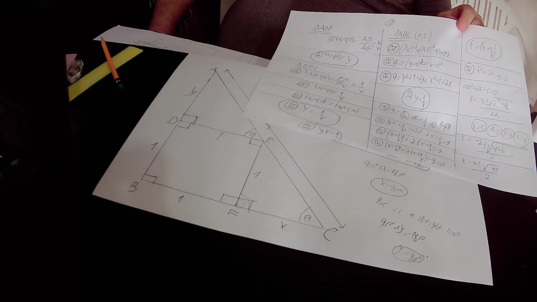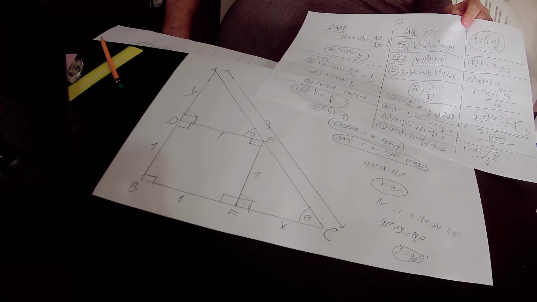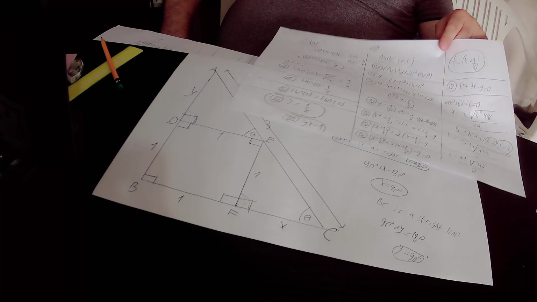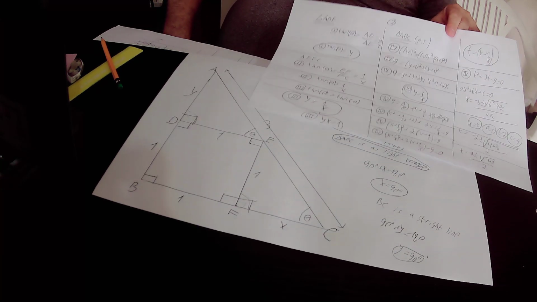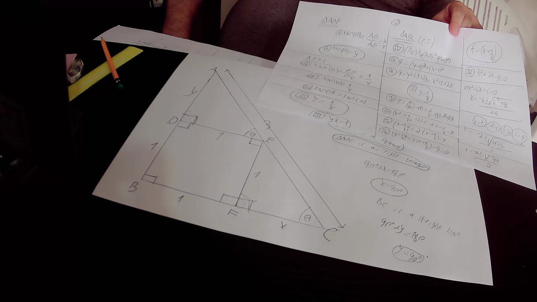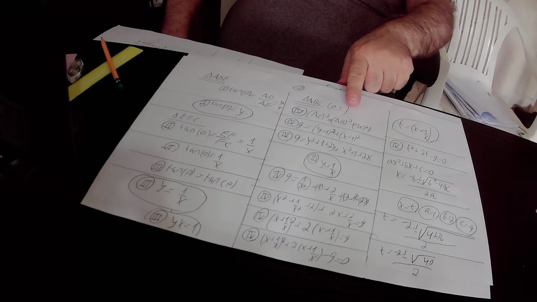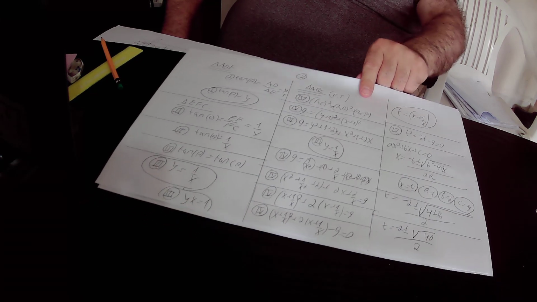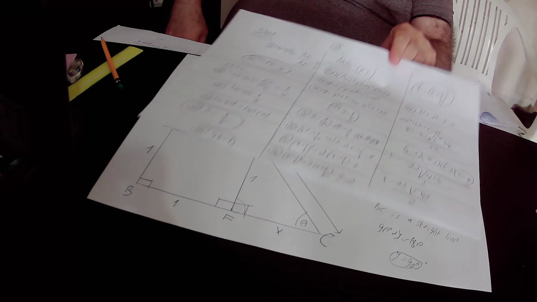In the right triangle, triangle ABC, according to the Pythagoras theorem, the square of the hypotenuse equals the sum of the squares of the perpendiculars. The hypotenuse is AC, so the square of the hypotenuse is AC square, and AC square must be equal to AB square plus BC square. AC equals 3 units, according to what is given in the question.